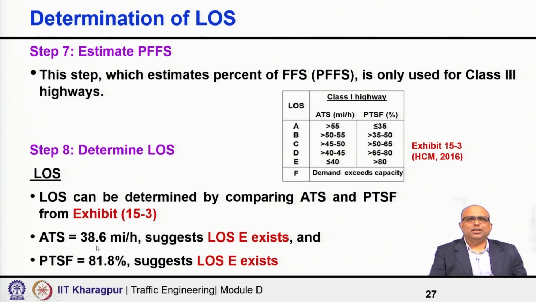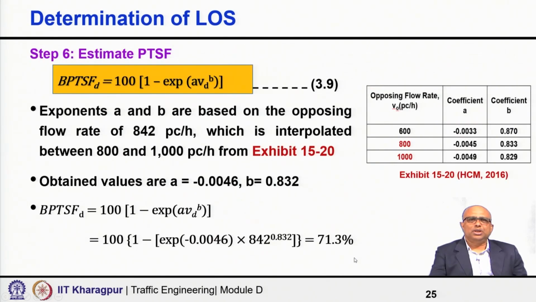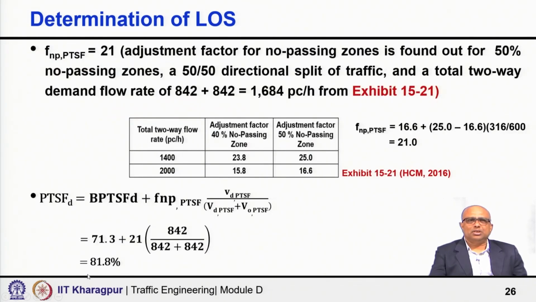So, if you take ATS as 38.6 miles per hour, you get level of service E, and for PTSF of 81.8%, you get again LOS E. This is the place where we calculated 81.8, the same steps.